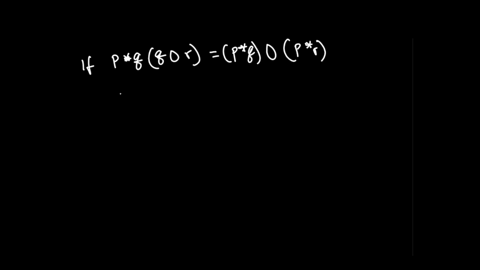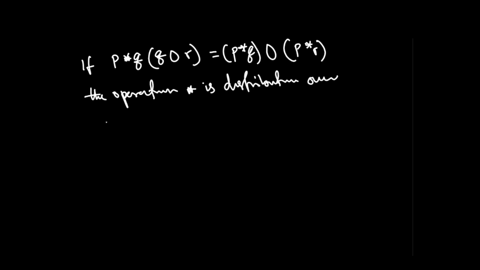If this is what we have, then we can say that the operation star is distributive over O. All right. So that is how to go about the algebraic laws.